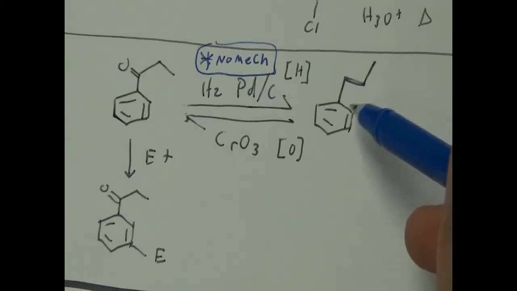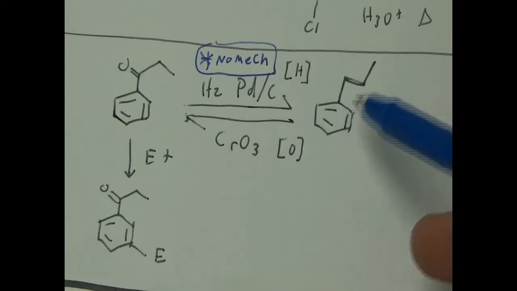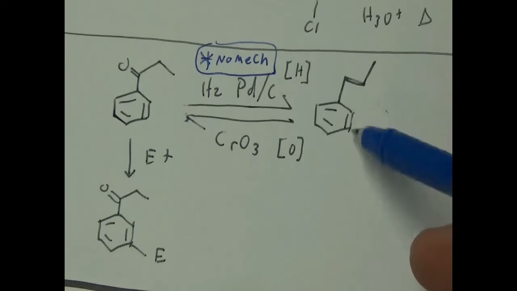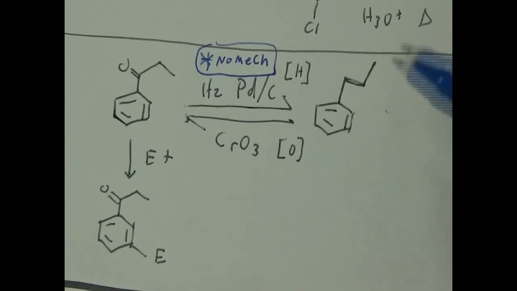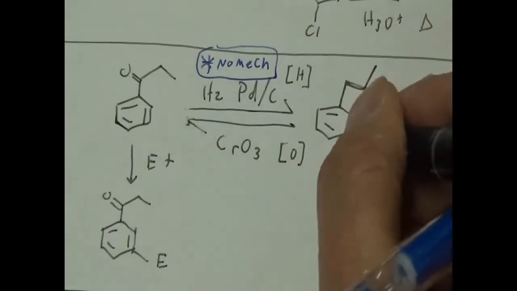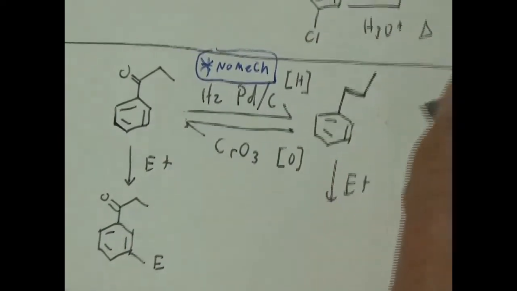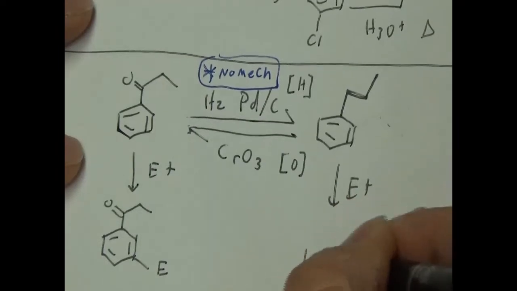Remember our grouping? We had group 1, group 2, group 3. Is this group 1, 2, or 3? Simple alkyl. Is it group 1? No. Is it group 2? Nope. It's group 3. So this doesn't have all those problems with the overactivation. So if we just do a simple electrophile, it should probably go to the para position.